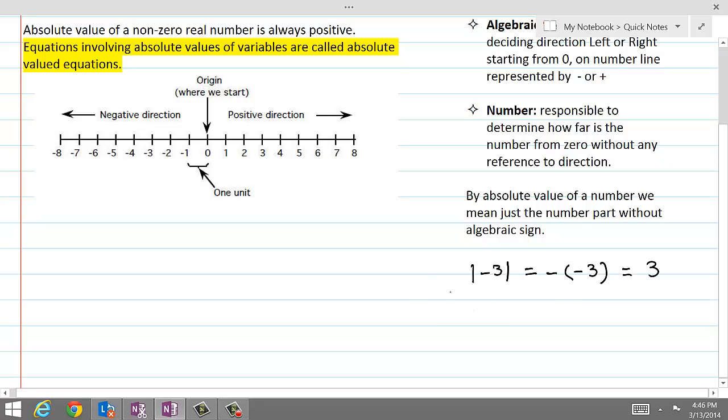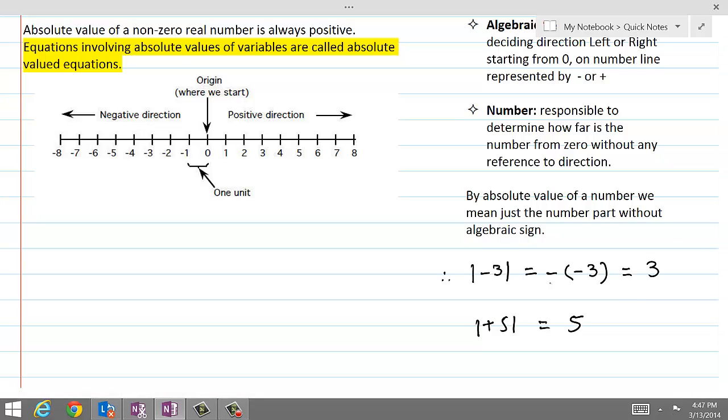But if we had a positive number, let's say plus 5, then we don't need this negative to make the plus sign disappear. Rather, plus 5 is only 5. So for negative numbers, if we are taking absolute value, then we place a negative sign outside to find the absolute value of that number.